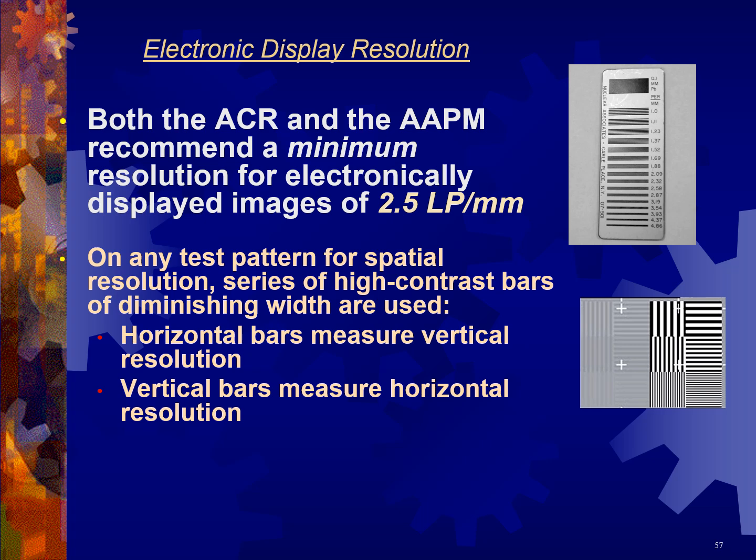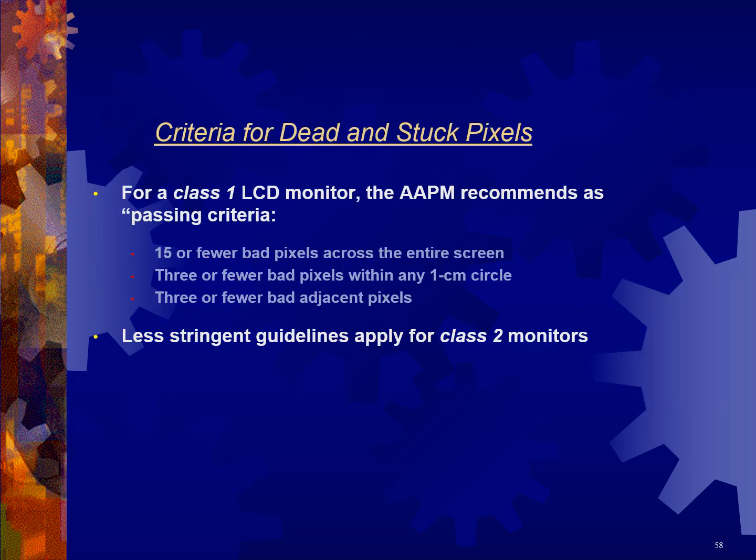A lot of times monitors have a better vertical spatial frequency than horizontal spatial frequency. Both the SMPTE pattern and the TG18 pattern are capable of calculating this. They have a line pair test pattern embedded in each.